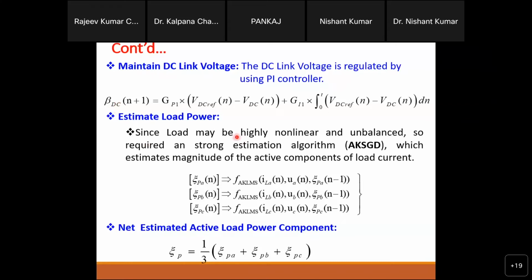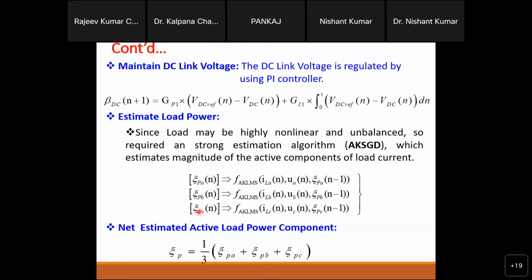Another is the load current. We have those filters, the ANOVA kernel stochastic gradient descent filter. So what we will do is use the load current and the unit templates we have calculated, UA, UB, UC, and then zeta PV, which is a calculated term. We will use these three here to calculate the estimated load components.